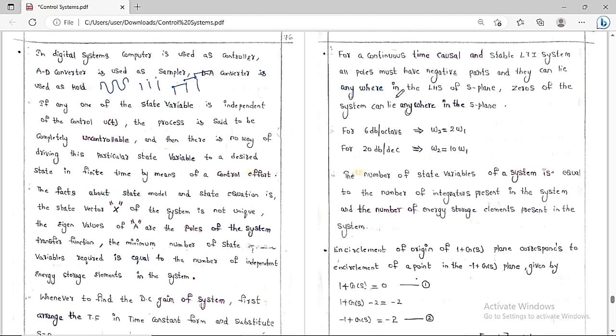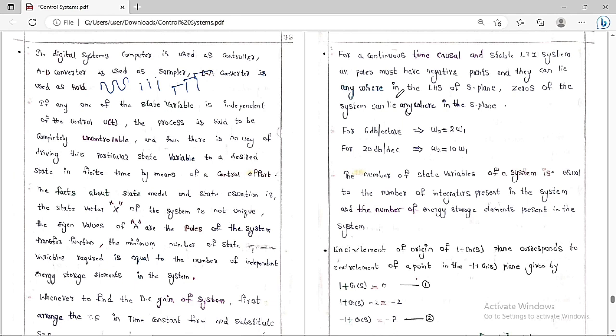Now the next point is, for a continuous time causal and stable LTI system, all the poles must have negative real parts and they must lie anywhere in the LHS of the S plane. But the zeros of the system can lie anywhere in the S plane. So listen carefully. They are given a continuous time, causal and stable LTI system, so what is the nature of the poles and the zeros we need to comment on?